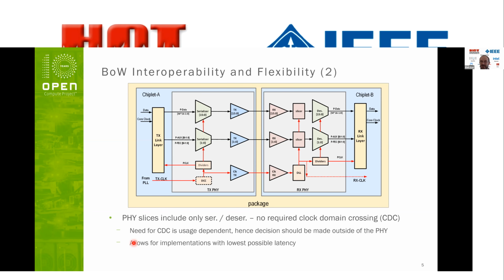Following the philosophy that I mentioned at the beginning, the PHY specification does not require it, and that allows these decisions to be made outside of the PHY, where somebody tends to have better knowledge of the real needs for a particular chiplet application. And similarly, there are cases where you can skip these extra clock domain crossings, which is quite beneficial from a latency perspective. So this is done to allow for the absolute lowest possible latency implementation.